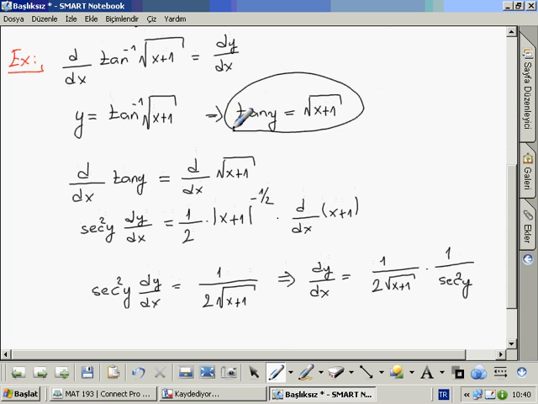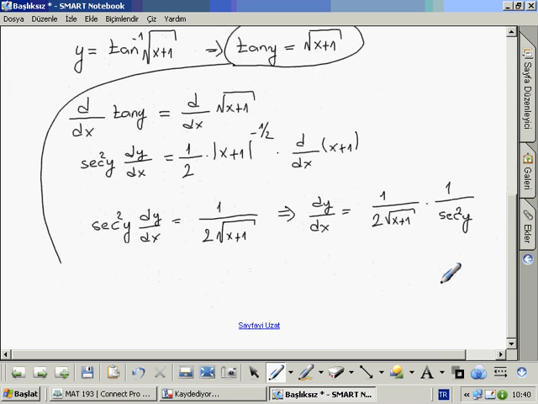From this part, we can use the right triangle again. This angle is y, this side is the square root of x plus 1, and this side must be 1, so the hypotenuse will be the square root of x plus 2.